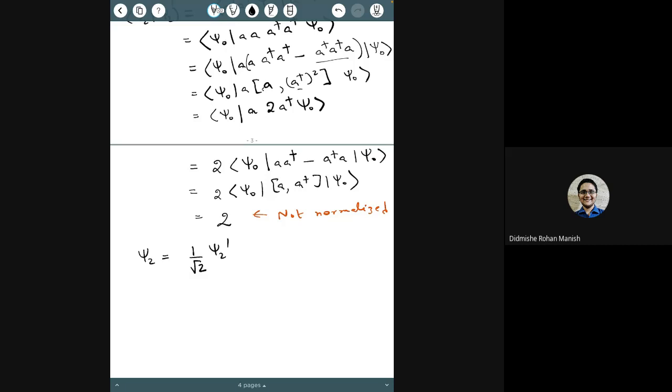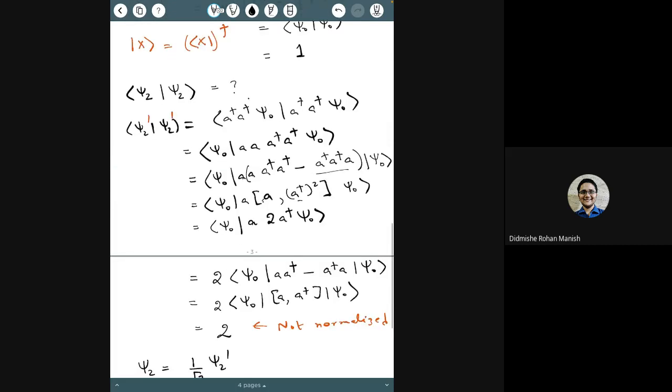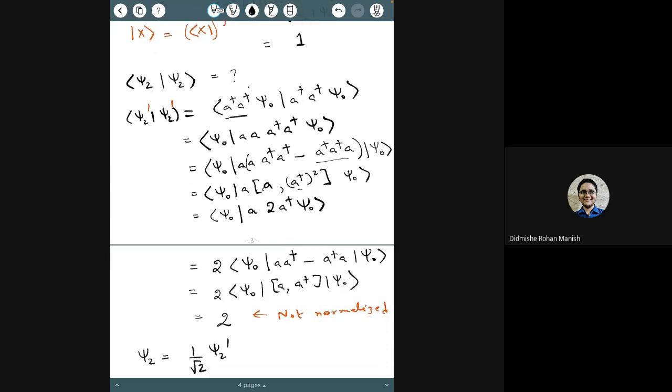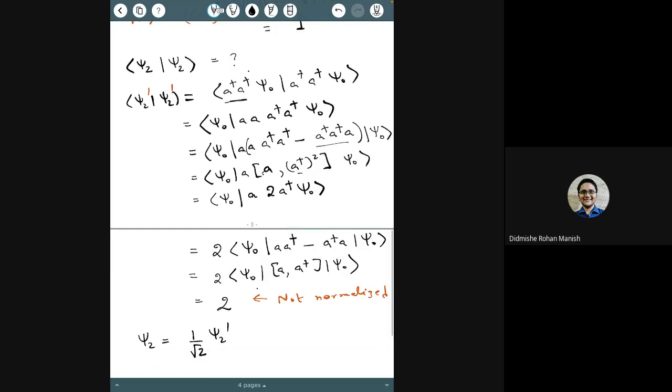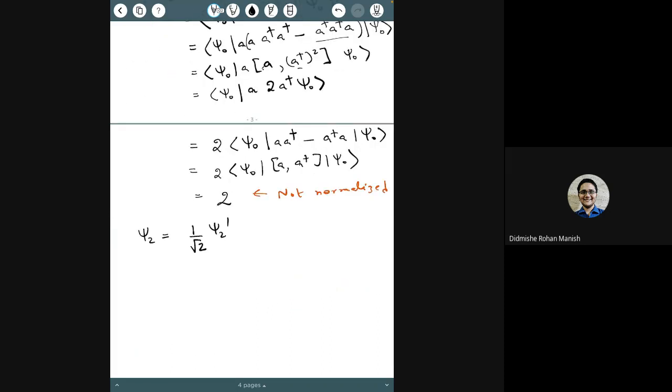Similarly, if I wrote it generally as a string of n number of A daggers for psi n, then you will get the overlap of psi n prime with psi n prime, I will end up with n.